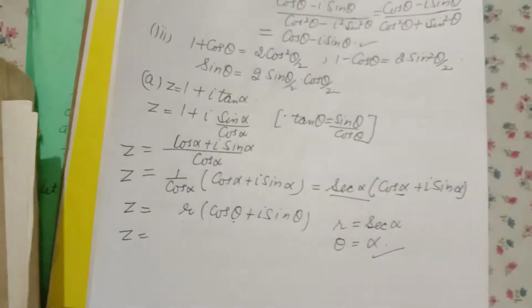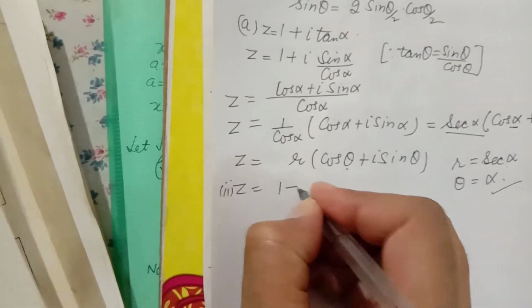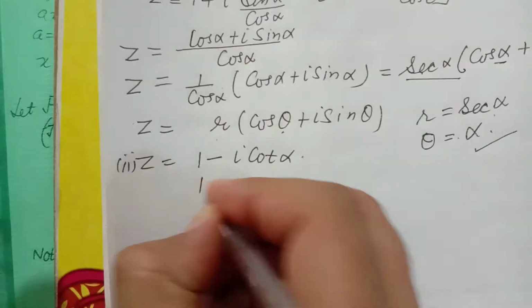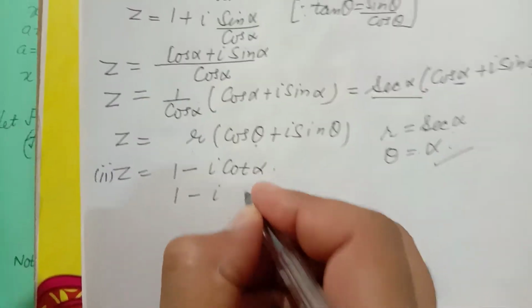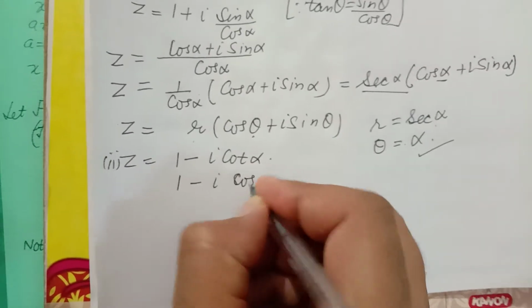Next, if the complex number is given in another form, that is 1 minus iota cot alpha, if this question is given to you, what will you do? Firstly, we will change cot alpha into cos alpha over sin alpha.